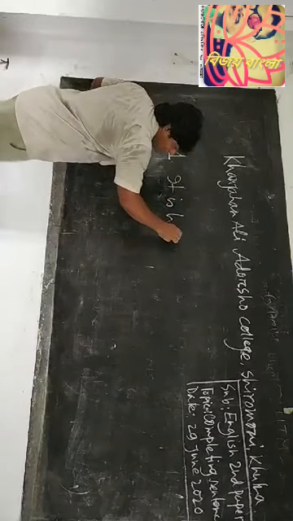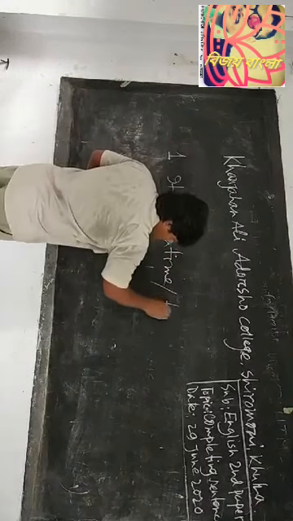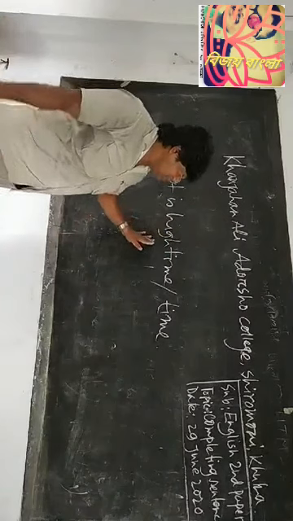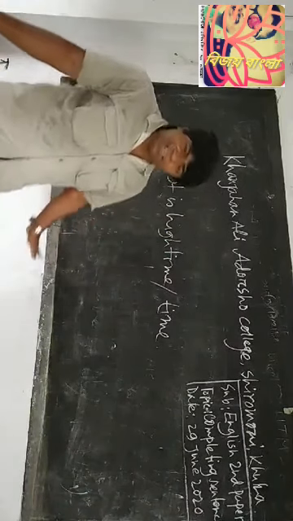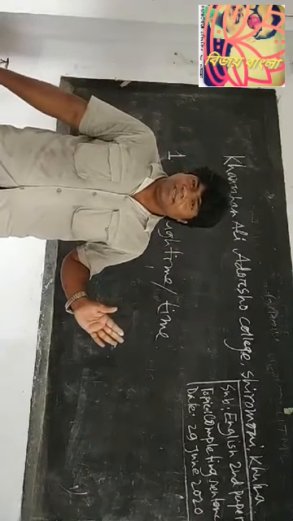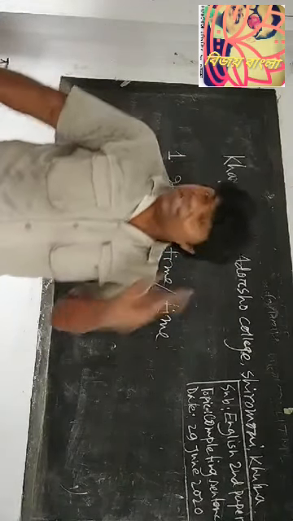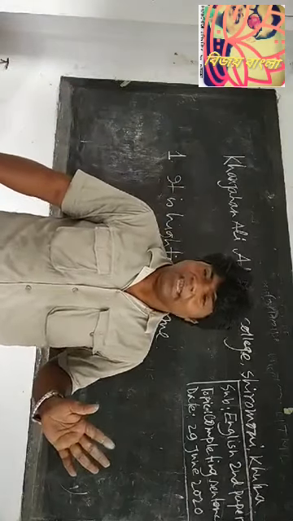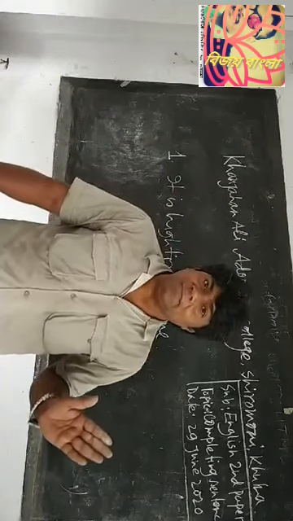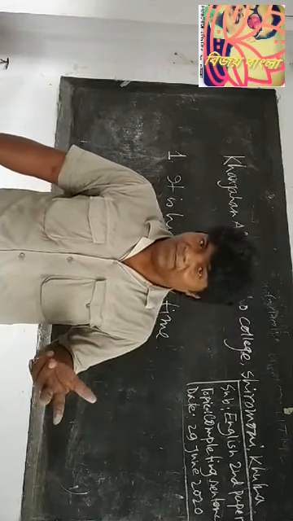high time or time. It is high time or time. What's the meaning of this question? It is high time or time. It means it is the perfect time. It is the proper time. And in some cases, it indicates the time which you have already exceeded. Okay?